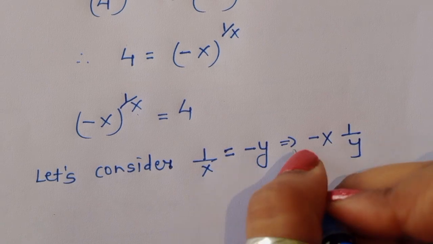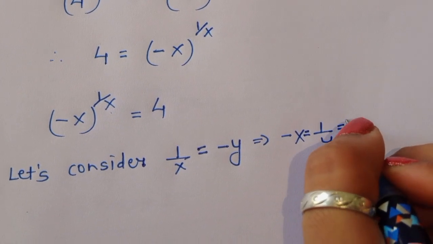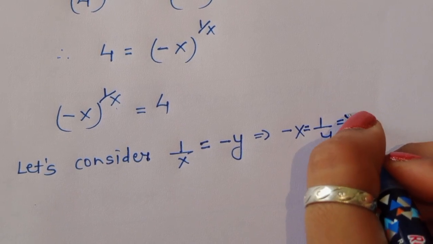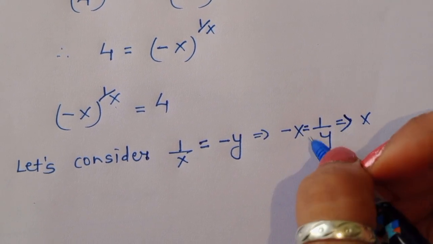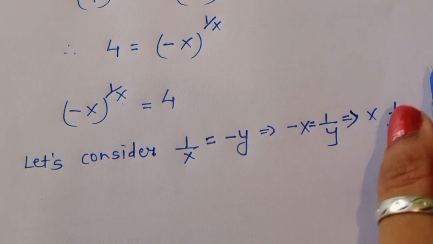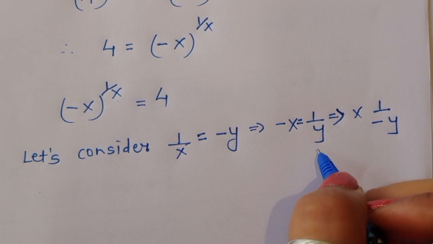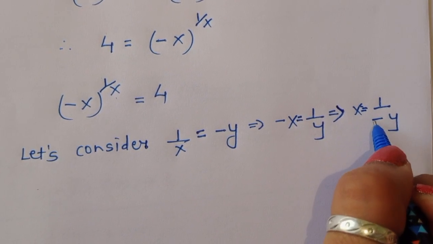Minus x is equal to 1 upon y, and then x is equal to 1 upon minus y.